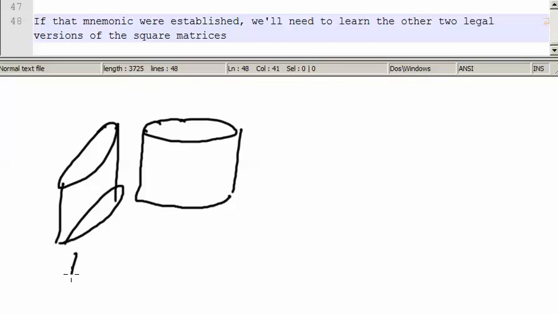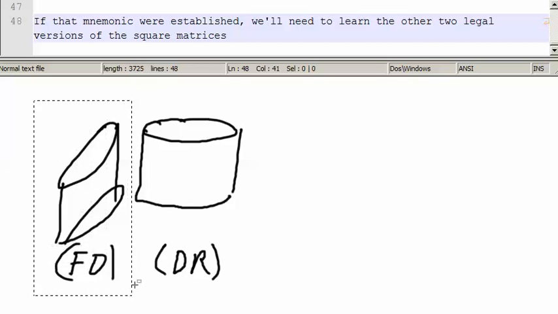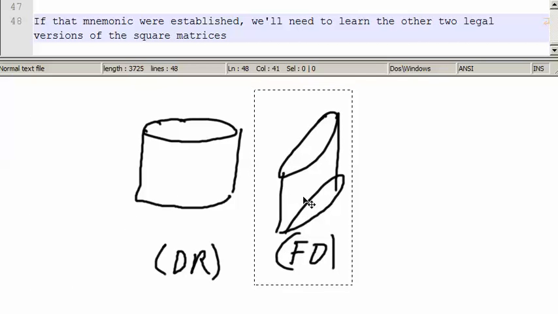This would be a forward down times a down right, for instance. I have a feeling that's going to be illegal because we've got the down and the down next to each other. But if I reverse that and moved this over here, that one might be legal.